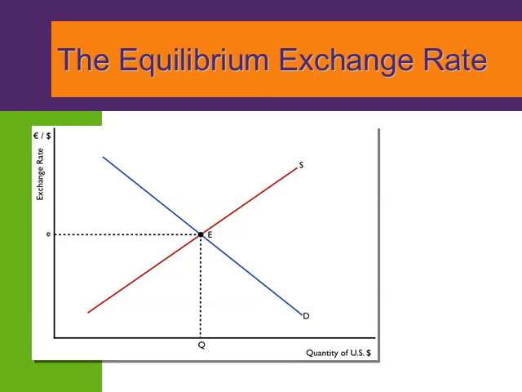So, on our x-axis, we have the quantity of the US dollar supplied and demanded, and on the y-axis, the price of US dollars measured in euros per dollar. So how many euros does it take to buy a dollar?